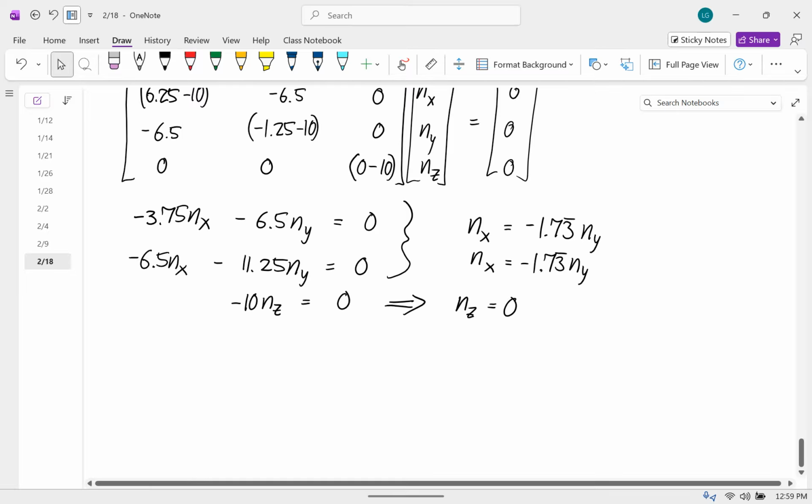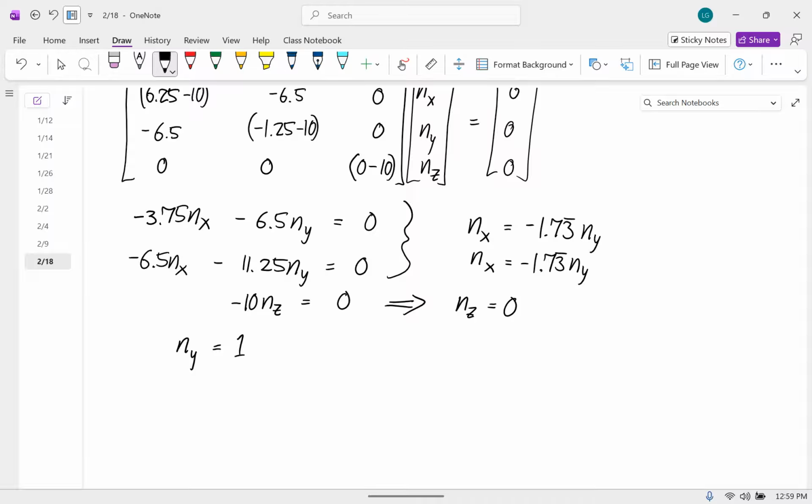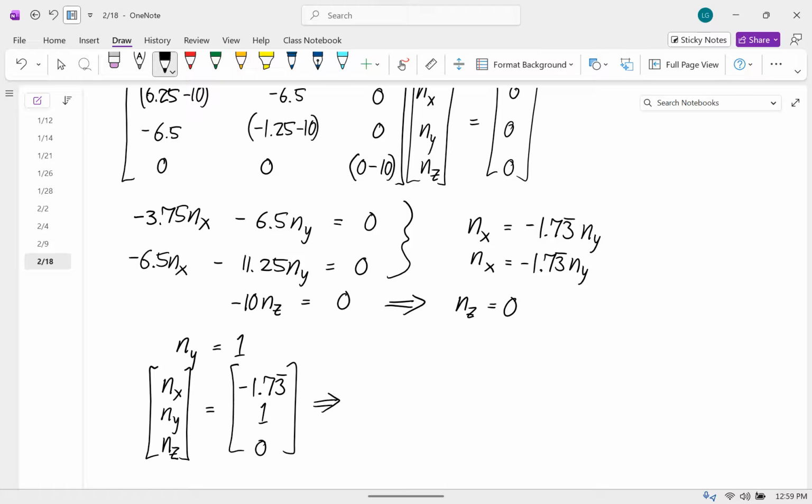So if you set ny equal to 1, then nx, ny, nz is equal to negative 1.73 repeating, 1, 0. You said ny negative 4. I chose it to be 1.